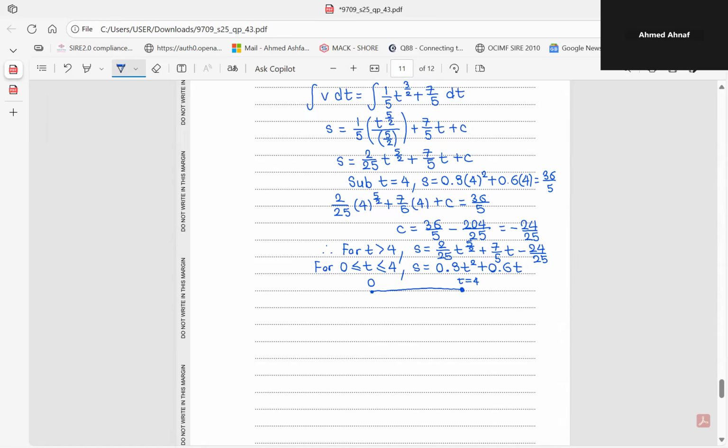Now I'm substituting 8. Yep, it's 24.7. Then 9, 31.08. And then 10, 38.3. And then 11, 46.5. Then 12, 55.7. I'm doing this all on a calculator, by the way.